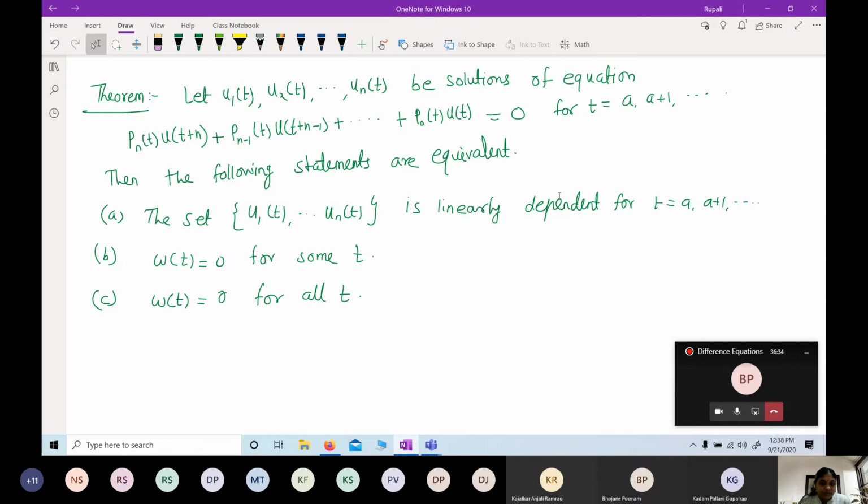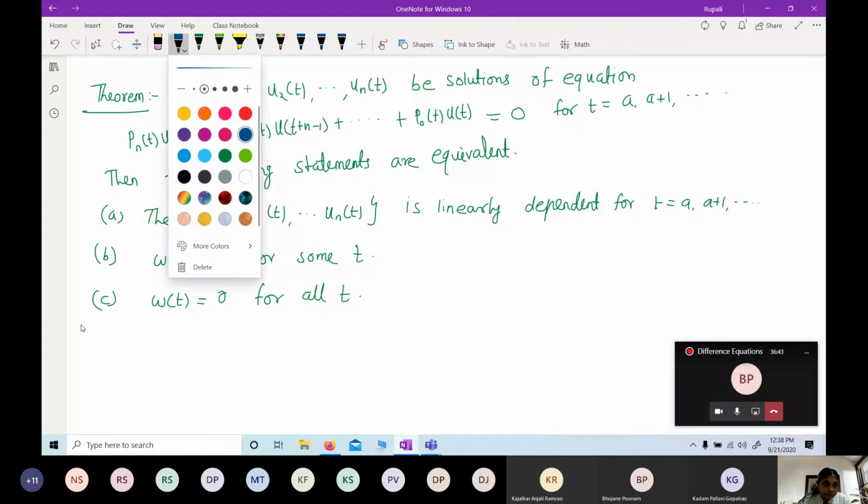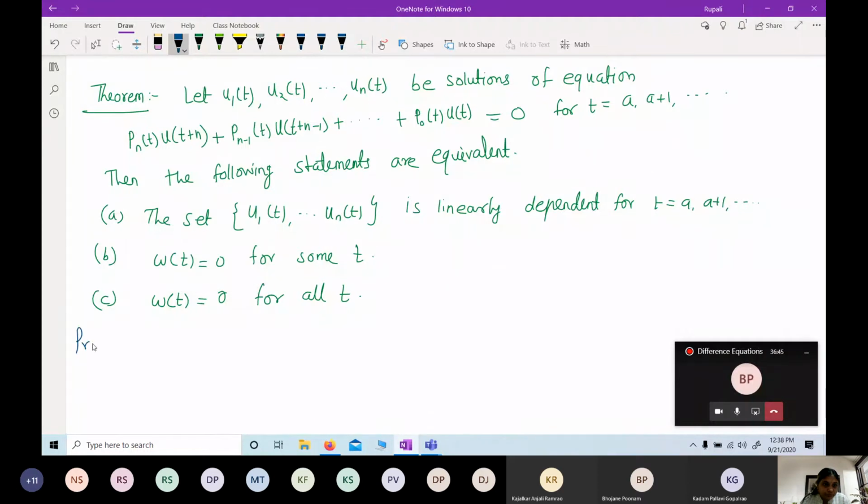Yes, it is obvious. So C implies B is obvious here.